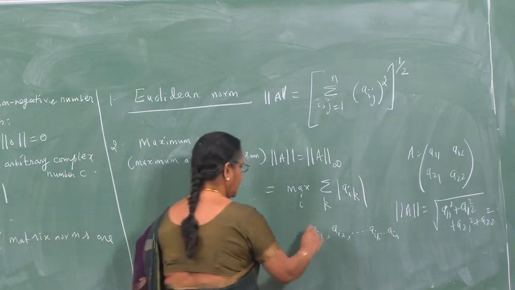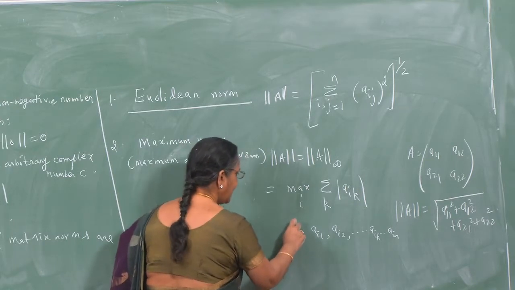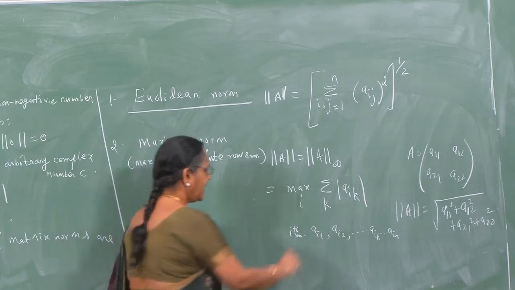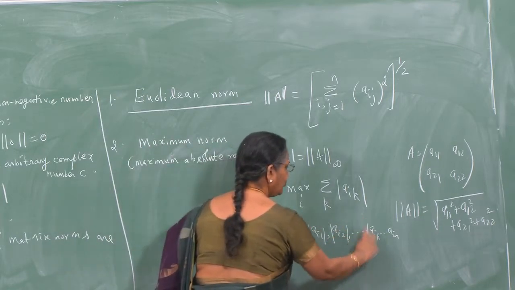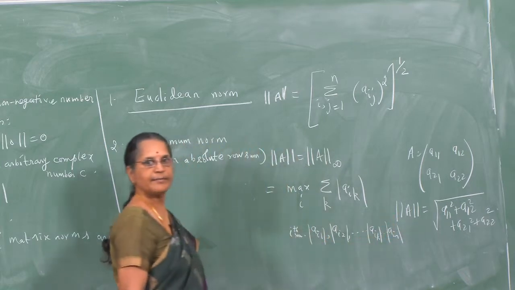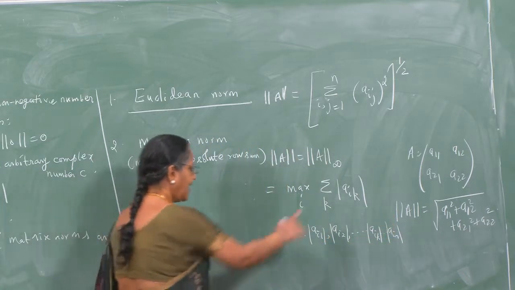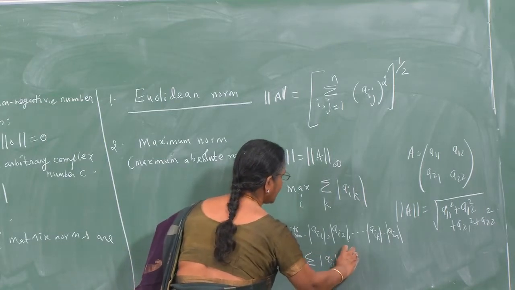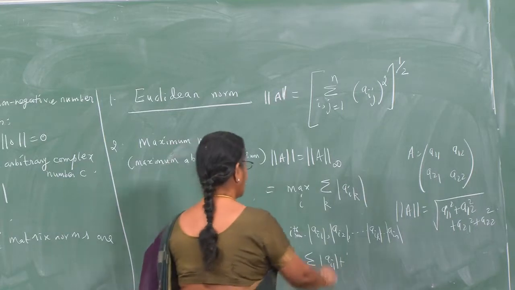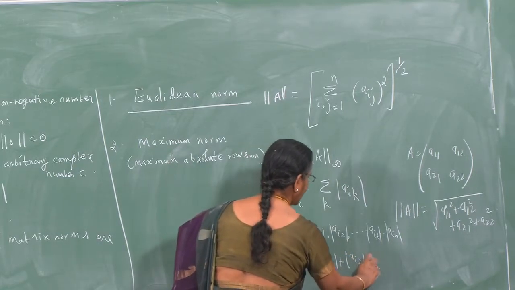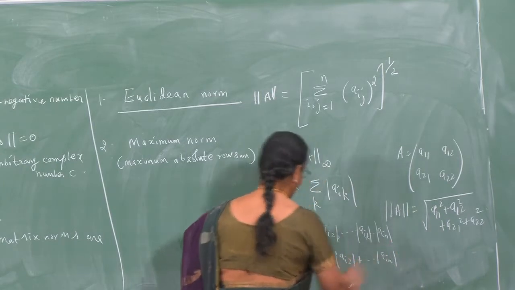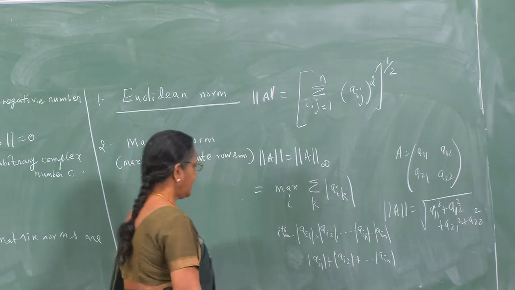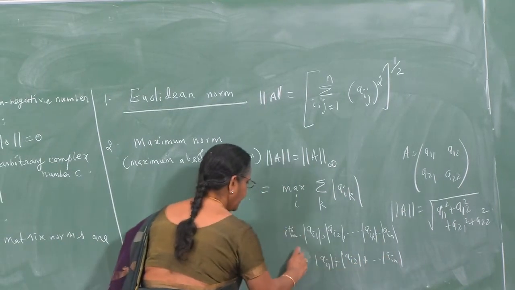We took these entries in the ith row, and then take the absolute values of all these entries and then sum them up. So, it is mod a_i1 plus modulus of a_i2 plus etc. plus modulus of a_in. So, you sum up all those entries. This sum is for the ith row.